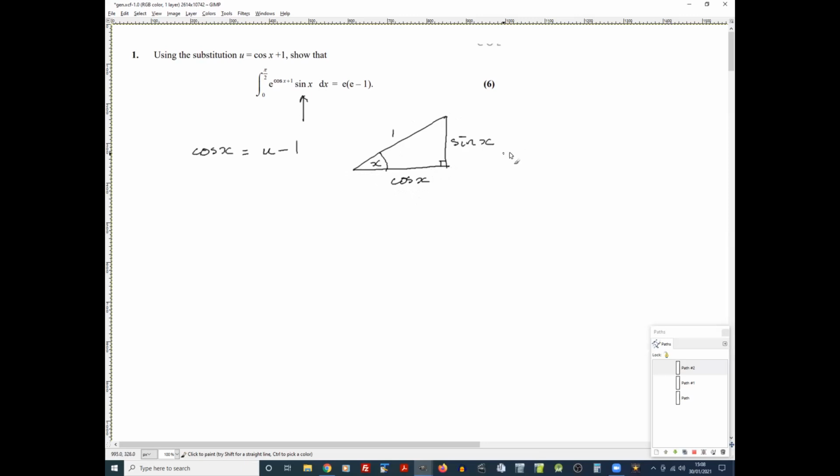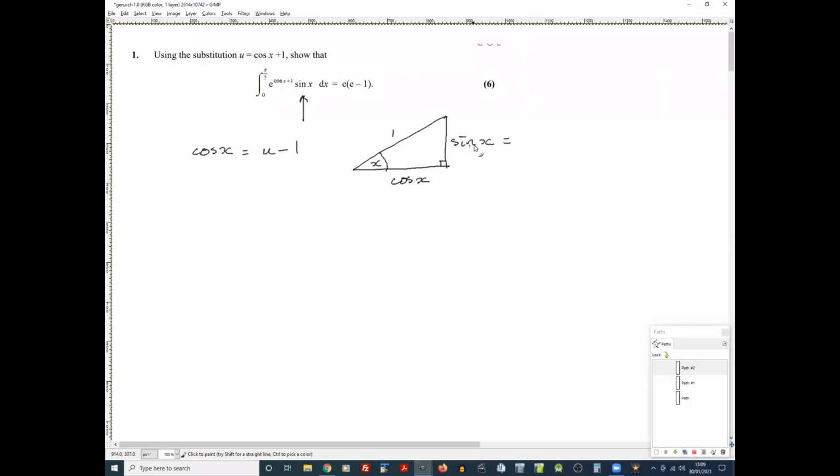Now, can you use Pythagoras to tell me what sine x is in terms of cos? Is it 1 take away cos squared? Well, what would be 1 take away cos squared? Not quite sine, but sine squared.